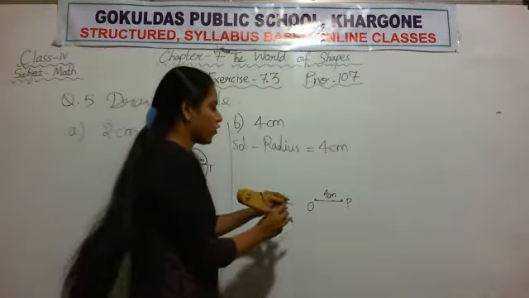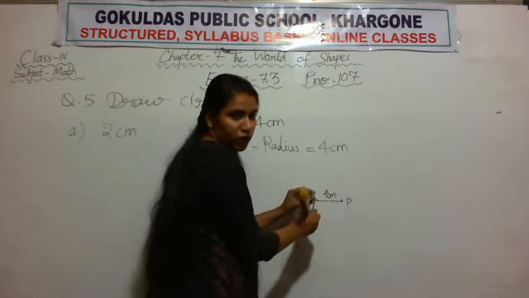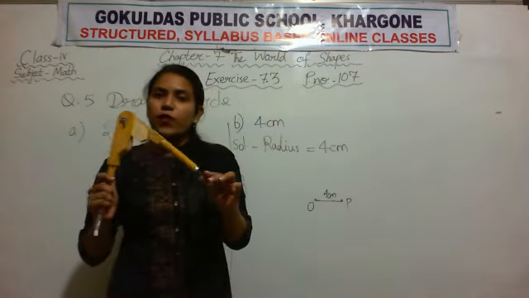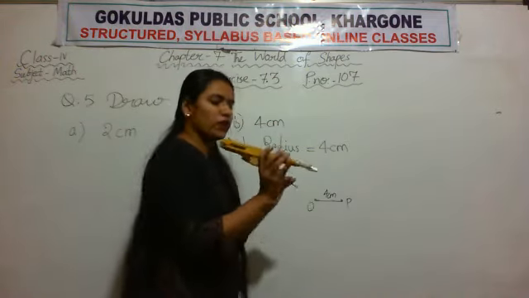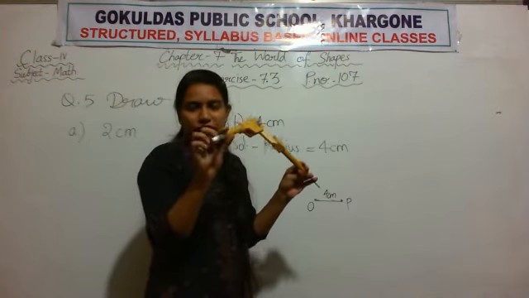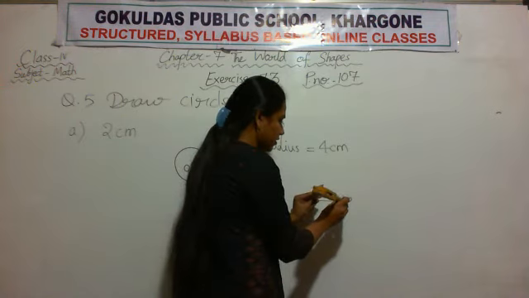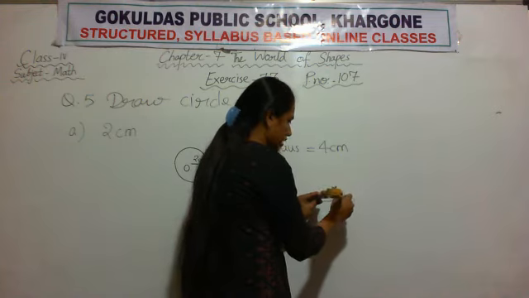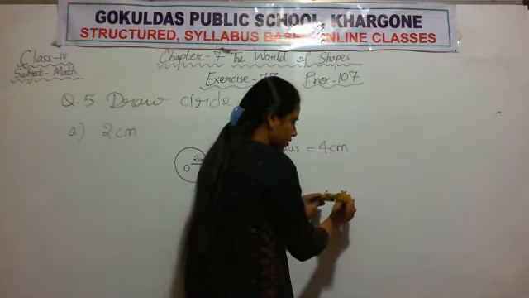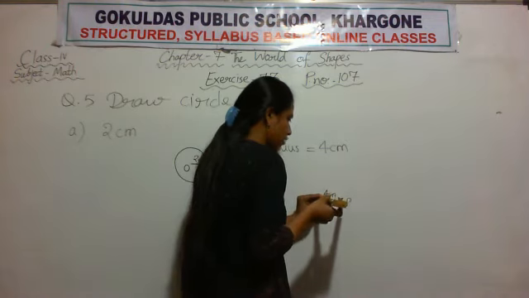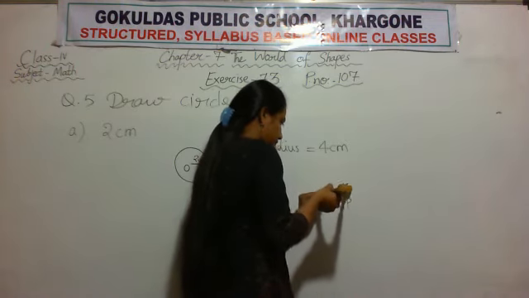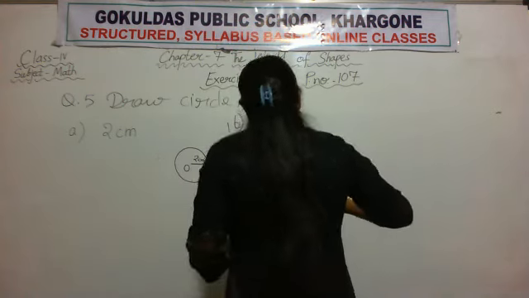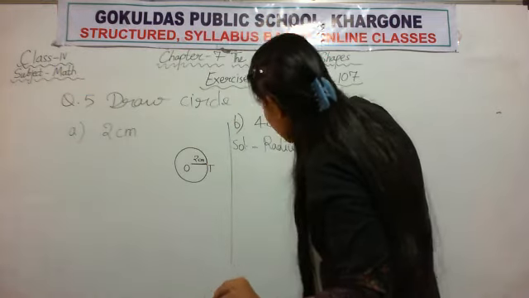Keep the metal point on the O. Fix the metal point on the O and stretch the other end of the compass, in which you have fixed the pencil, and draw a circle like this.